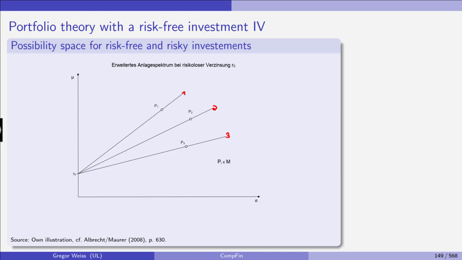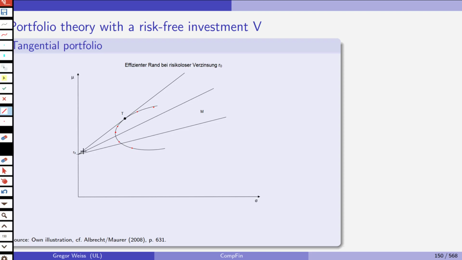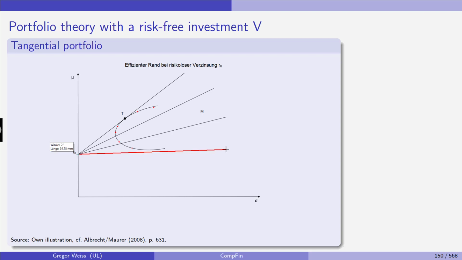So remember that we have different portfolios here, for example, this point, this point, and this point. Now we will always start at the risk-free rate.